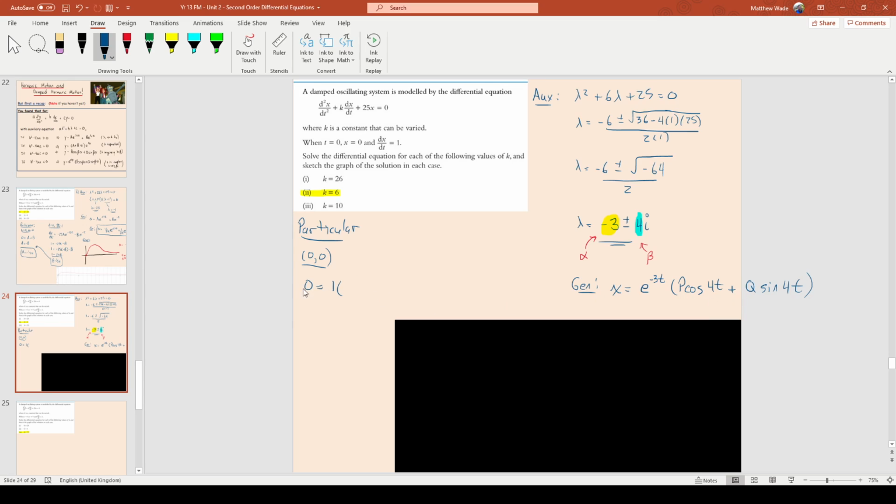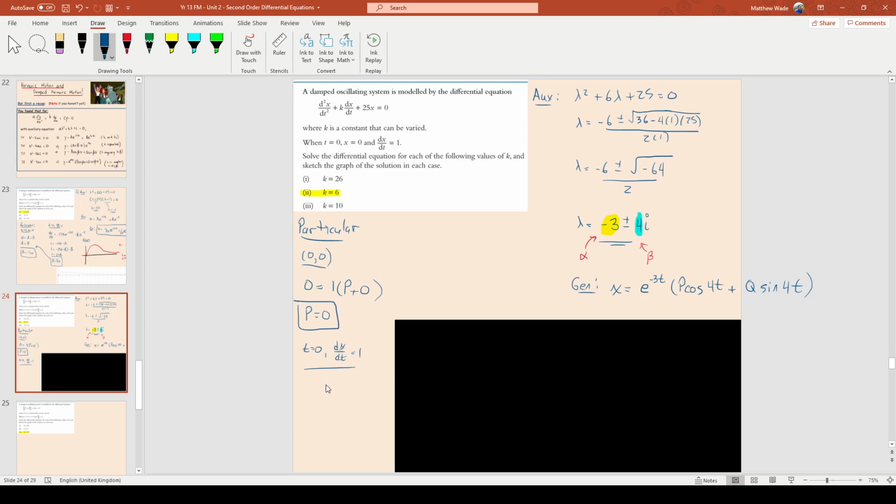Cos of 0 is 1, so we're going to get a p, and sine of 0 is nothing. So we're just going to get p equals 0 off of that one. Cool beans, so there's where our p is. Now, the other one, we have to use that at t is 0, dx/dt is 1.